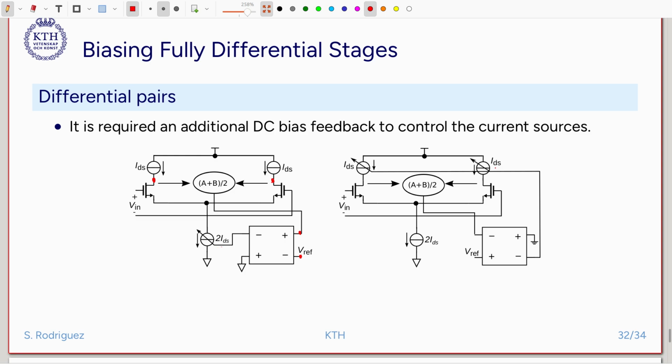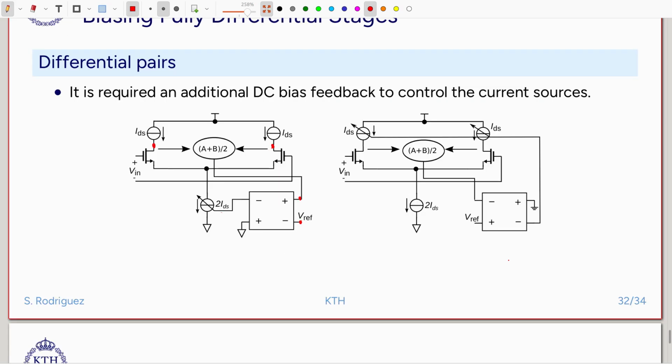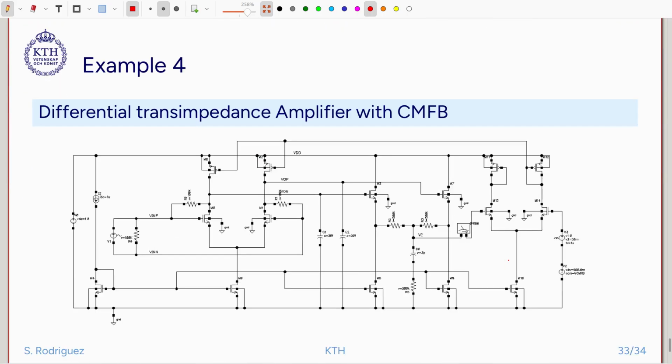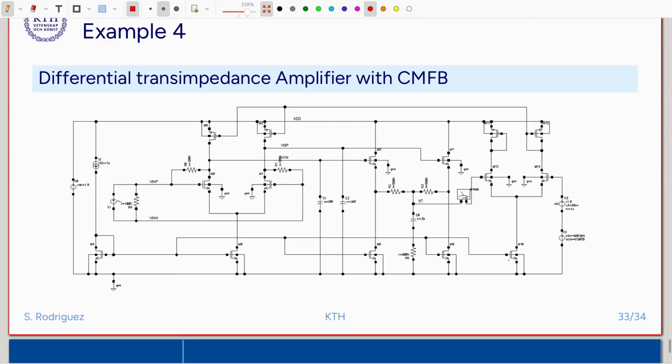There is not really much difference which one we control. So these are the basic ideas for implementing a common mode feedback loop, and there are many implementations. The one that I'm going to show you is probably the simplest one.